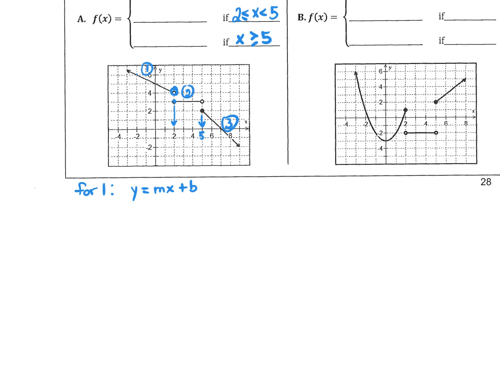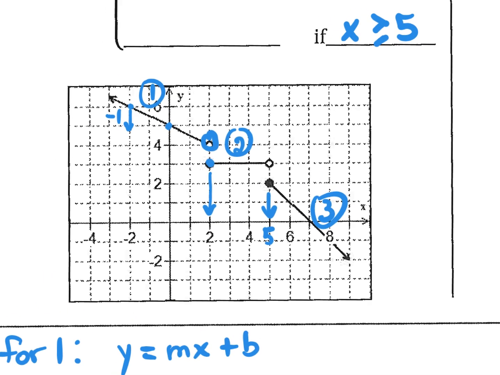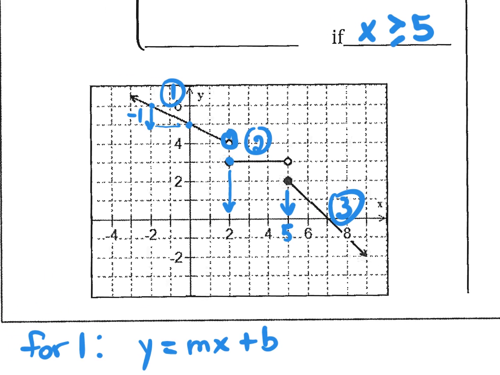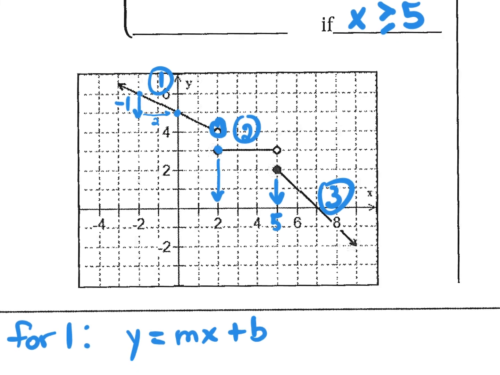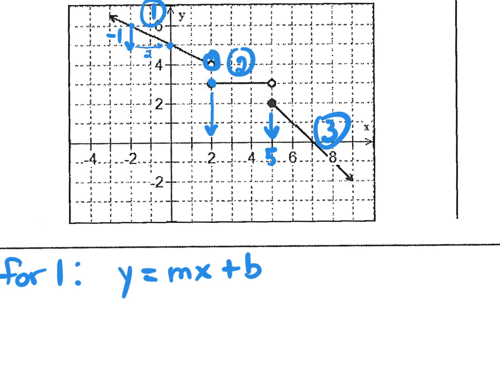Yeah. Couldn't we find the slope between here and here? What is the slope? Down what? Down 1 and over 2? Would you agree? Literally just read it off the graph. So the slope is -1/2. So y equals -1/2 x. And then what was the y-intercept?